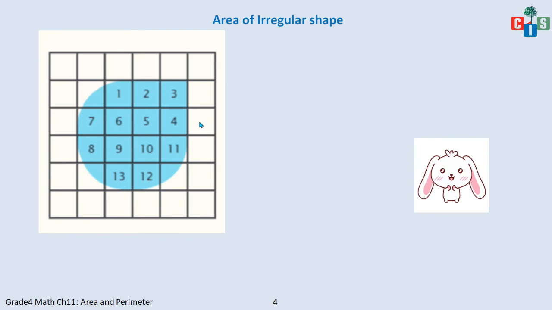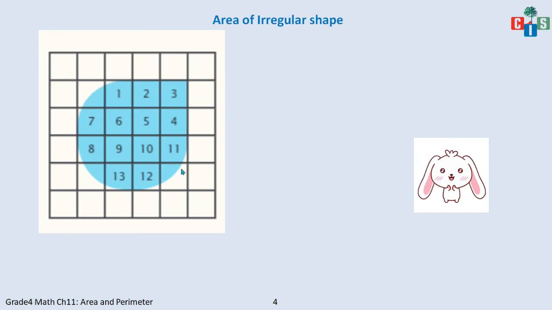For that, you have to keep certain things in mind. As you can see, the squares are not fully colored by the blue color. The squares which are fully covered by the blue color, you have to count those squares.